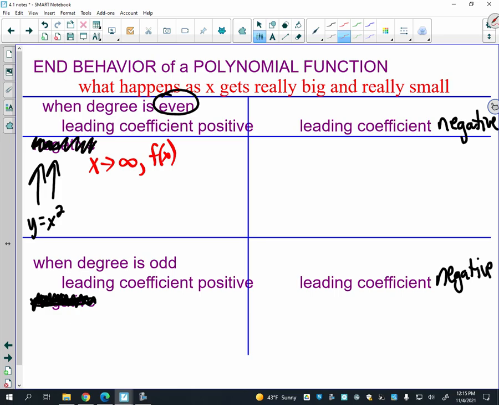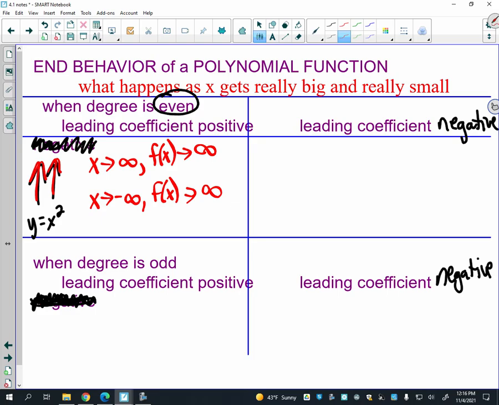Well, we like to say f of x instead of y. Well, f of x is also getting really big. It's going up like this, so that would be going to infinity. And what happens as x gets really, really small? Well, as x goes to negative infinity, f of x, which is the y, it's still going up on this side, right? So it's still going to positive infinity. So we say as x gets really big, what's happening to y? As x gets really small, what's happening to y?